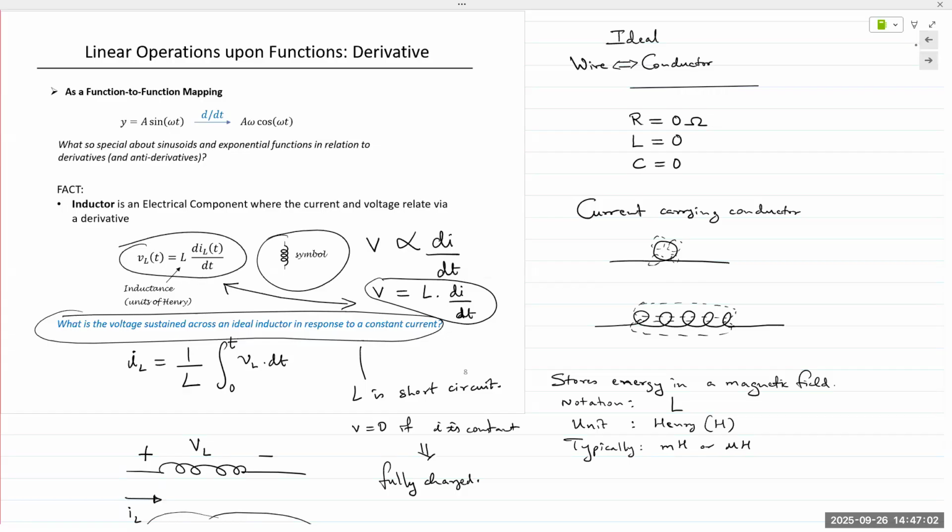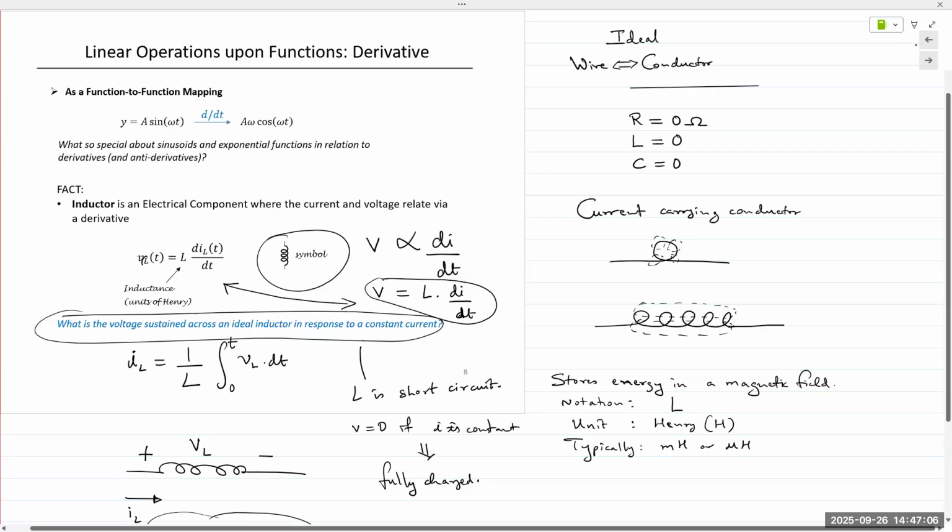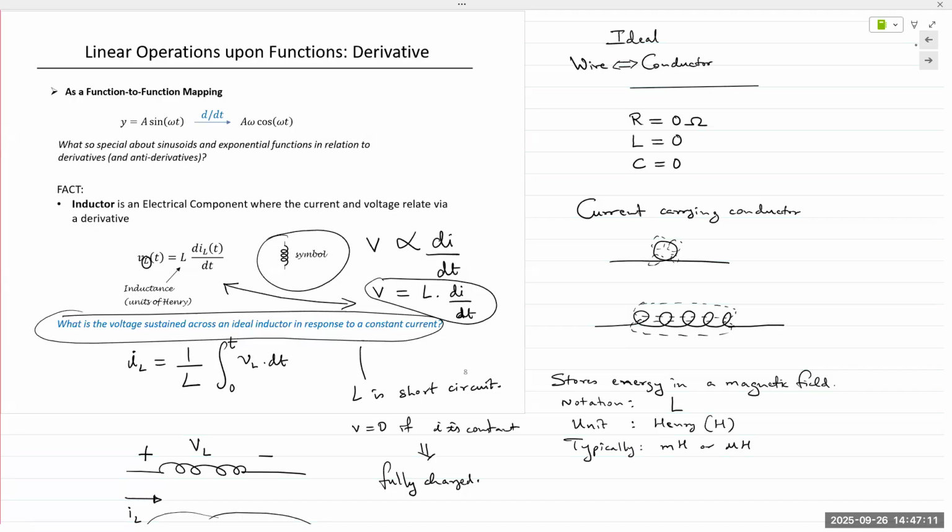This right here is simply the notation. The subscript L that we see here simply indicates that the L belongs to that specific inductor. That's all it means. If you have a circuit with a resistor R and an inductor L, it's basically the name of that inductor.